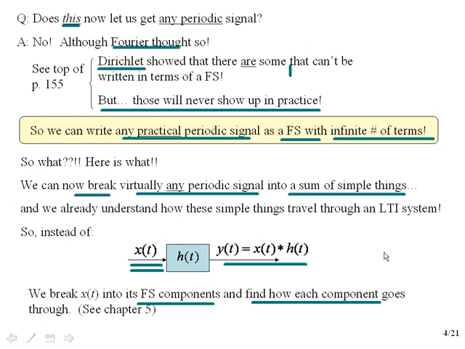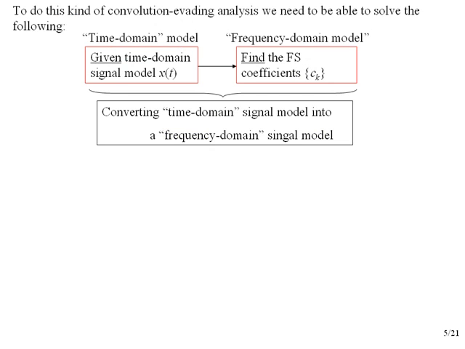We'll be doing that in our heads. That's how we'll think about it. We can do it computationally, at least for some large number of terms in our Fourier series. So, we can think of this as being some sort of convolution evading analysis. We're trying to avoid doing convolution. So we're given a time domain signal model x of t. Instead of having a time domain model, we can convert it into a frequency domain model.